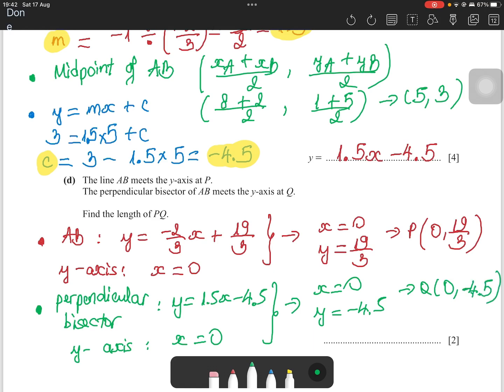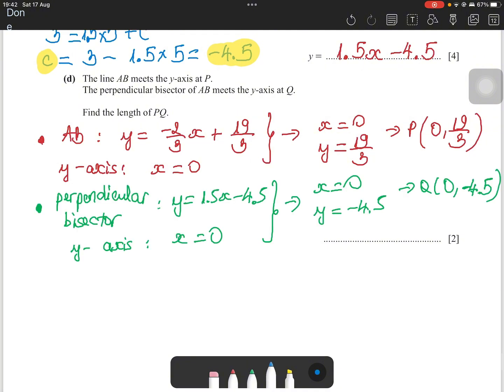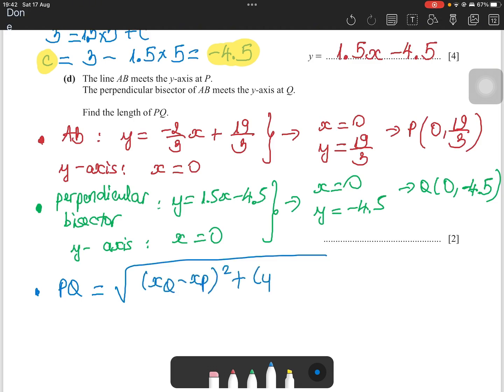Now we want to find the length of PQ. So we use the formula: square root of (xq minus xp) squared plus (yq minus yp) squared. So let's substitute. Xq and xp are both 0.